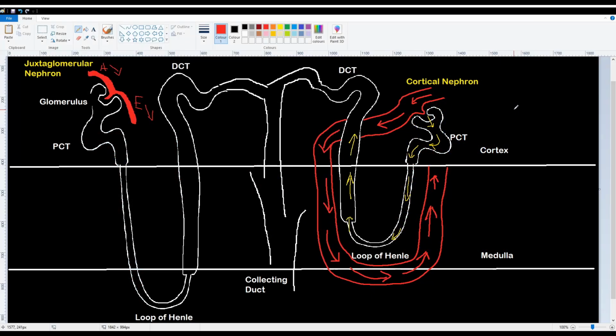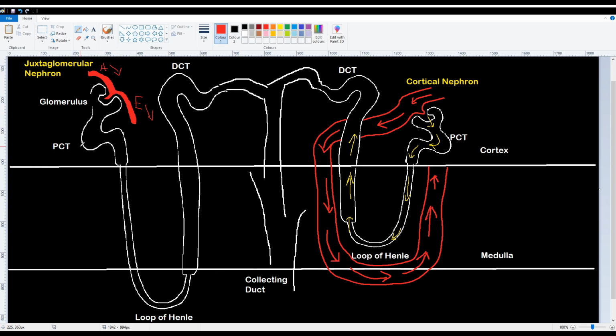We will now take a closer look into the renal system and the functional unit of the renal system. The first is the juxtaglomerular. The second is the cortical nephron. As you can see, the glomerulus, or this capsule, is in the cortex for both.